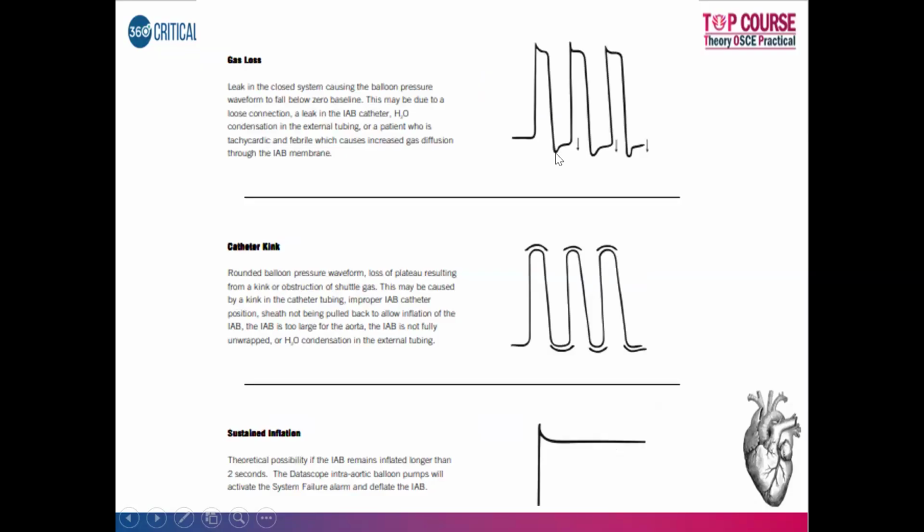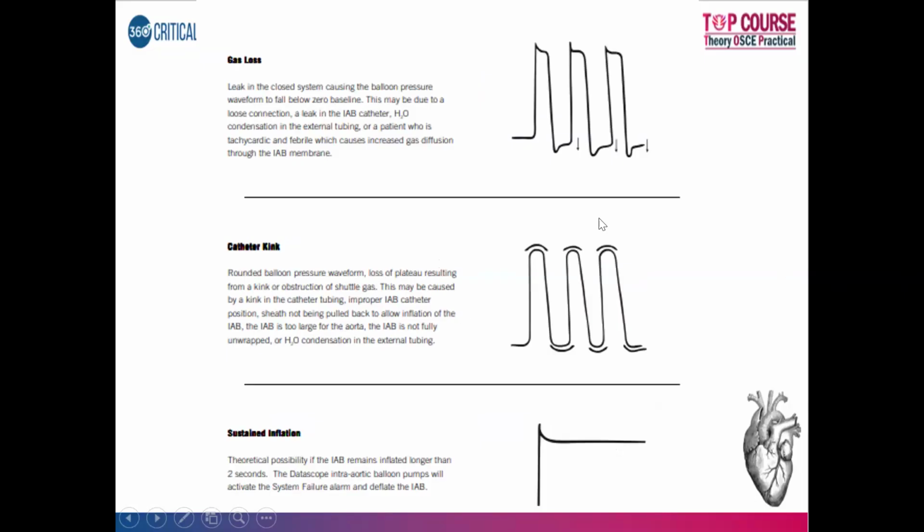If there is a gas leak, then what we usually see is the waveform falls below the zero baseline. This is something we need to be very aware of, and then we need to look at the possibility of a balloon leak. The balloon might have a rent in it. Catheter kinking is very common, especially in obese patients and patients with multiple lines in situ.